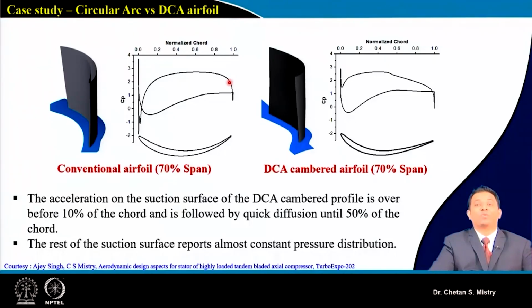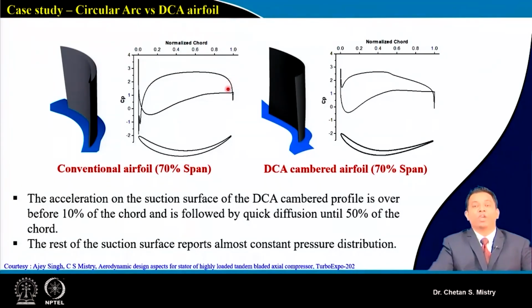Since this is my stage, the turning coming out of the rotor needs to give me an axial outlet, and that is where the delta beta, or delta alpha, for the stator becomes very large. That makes the design of the stator very complex.